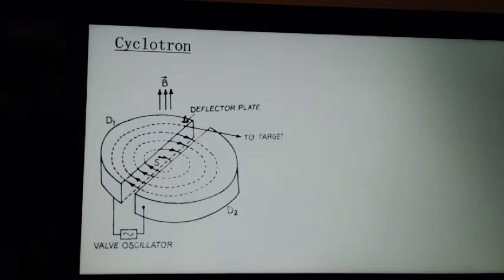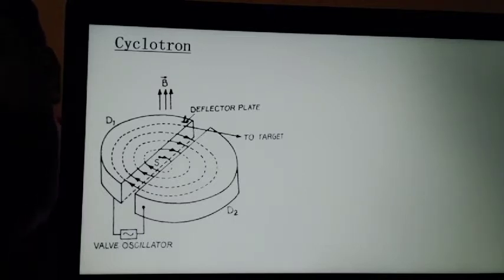Then again the polarity changes, D1 attracts, and it moves in a larger radius. Each time the charged particle completes a half circle in the Ds, the polarity changes and it gets accelerated, again describing a larger radius.